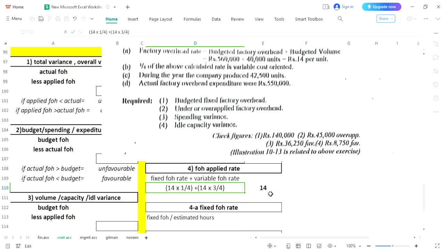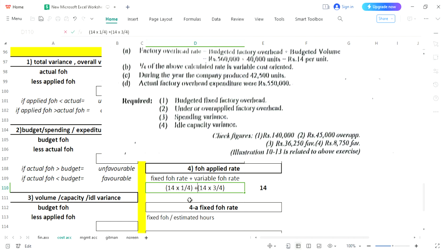So please try to understand. 3/4 was suggested by the question as variable. The total rate was 14, we have taken 3/4 which became variable. Out of 4 parts, if 3 parts are variable, then how many remaining parts? 1. So 1/4 would be considered as the fixed FH rate. In this way both rates can be calculated.